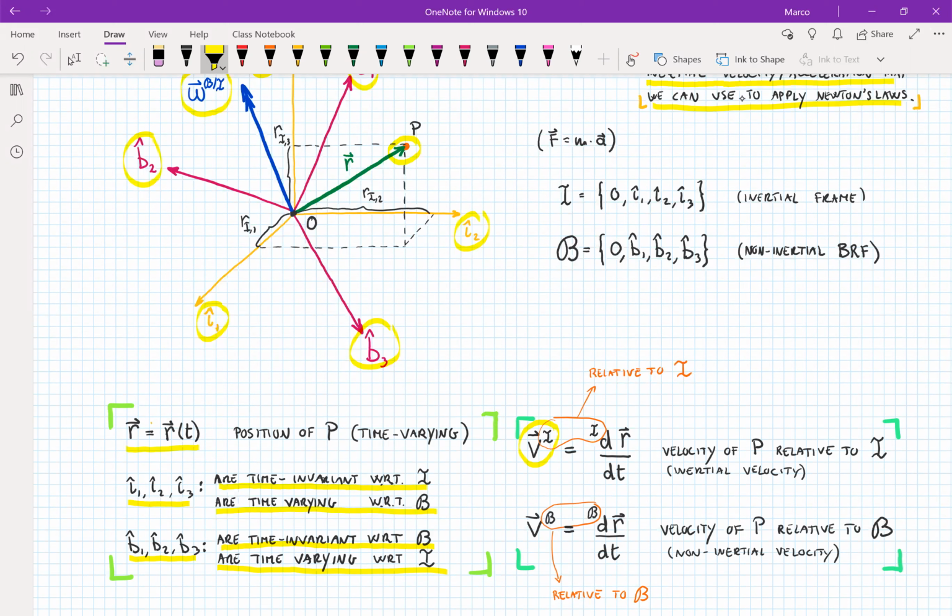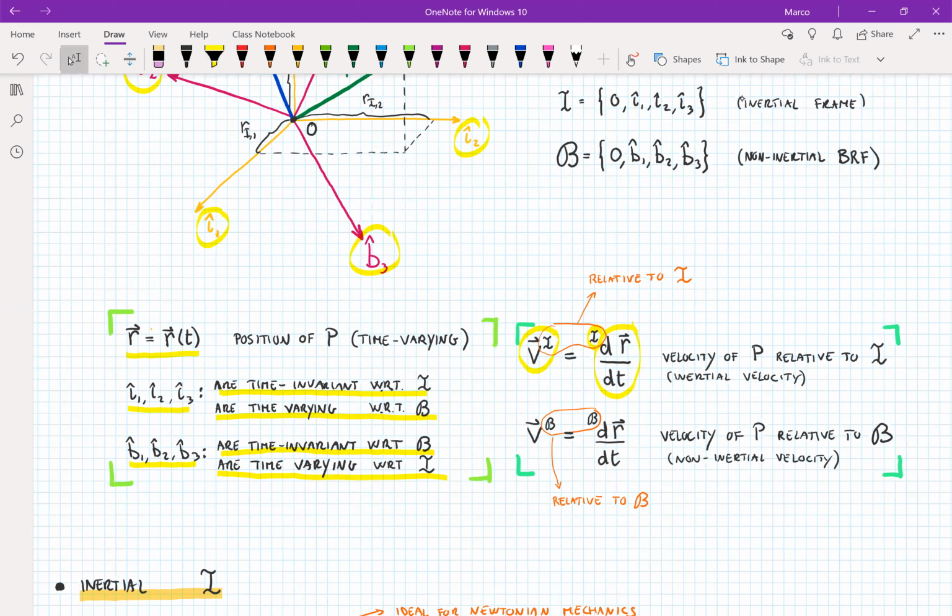So V is the derivative time-wise of the position vector, dr over dt, but relative to I, so we put a superscript I on the left-hand side, which reminds us that we are referring to the I frame of reference.